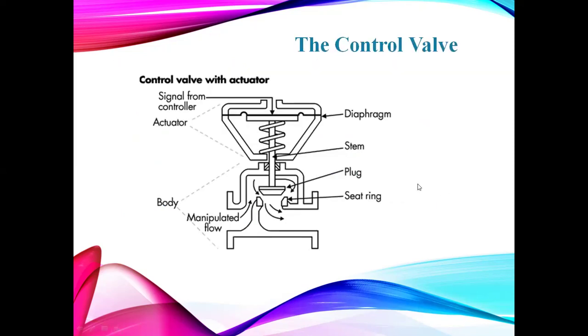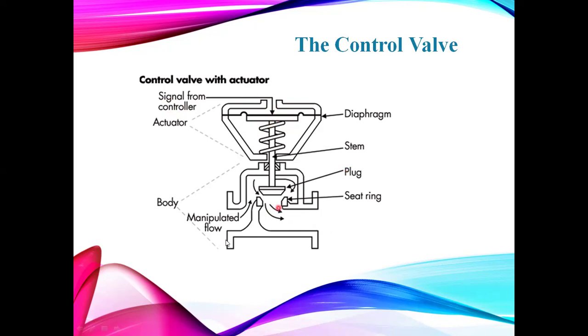Now, this is a cut through of your section of your control valve. So you have the diaphragm here on top that is free to move up and down. And you have here the arrow that tells that it's receiving a signal from the controller, whether there's a need for the diaphragm to go up or go down, depending on the needed flow rate of the heating medium.